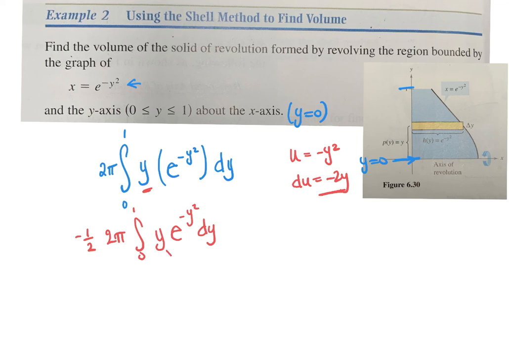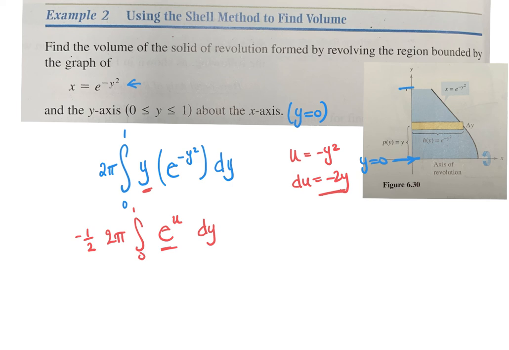Which means this is included in it. I don't have to worry about that at all. You can just worry about taking the antiderivative then of this part right here. If I said e to the u, right? So what's the antiderivative of e to anything?